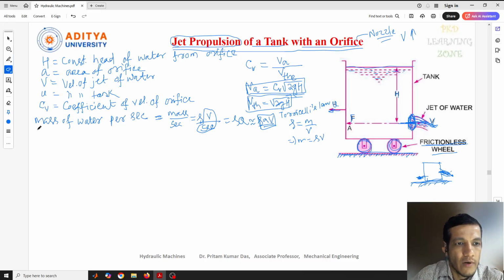Once we find the mass of water per second, we can calculate the force acting on the water.